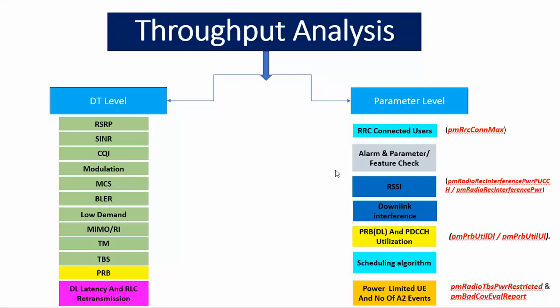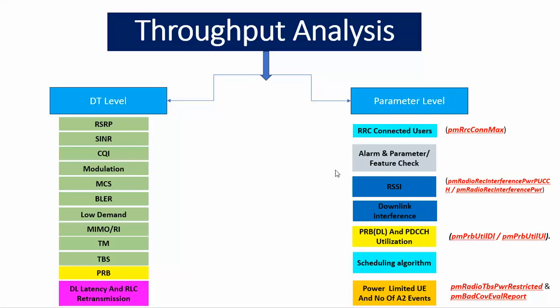RRC connected users. If users are high, your throughput will be low, because our resources are divided among many users. If users are high, throughput experience will be low.